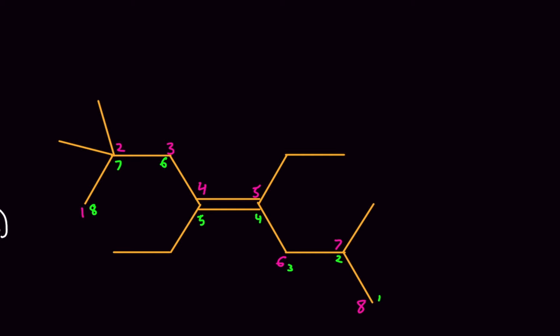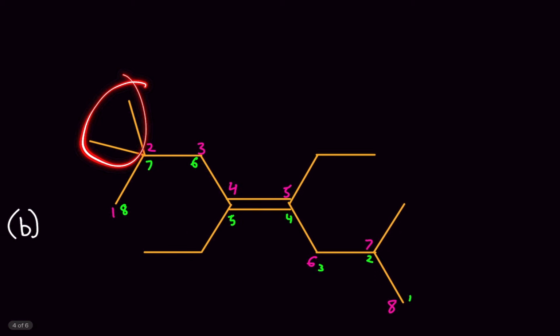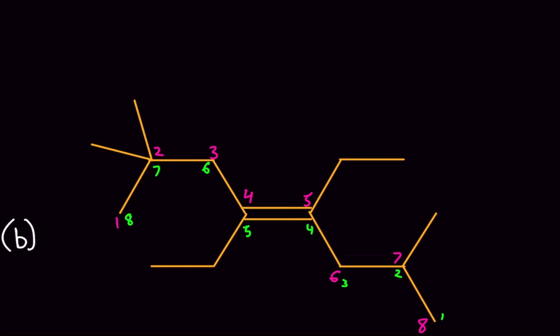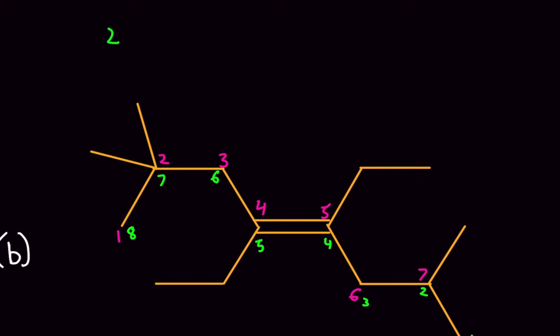The reason is because you'll notice that we have 2 methyl groups on carbon 2 here. So let's just say this. We have 2 methyls coming off of carbon 2, and then we have 1 coming off of carbon 7. So I could do this as 2, 2, 7 trimethyl, right?